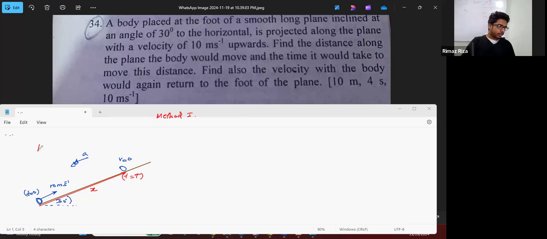Here, first I mark the gravitational acceleration, which is always vertically downward, g, which is 10 meters per second square. Now the g is vertically downward, right?